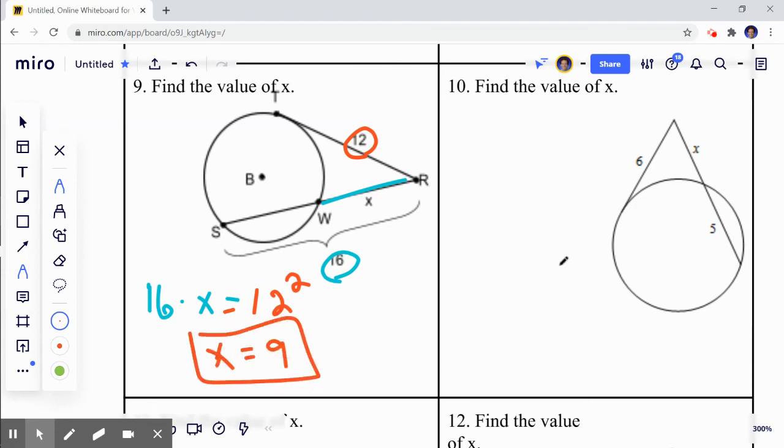Same thing on 10. We see a tangent and a secant, so this rule will apply also. The whole length of the secant is x plus 5.